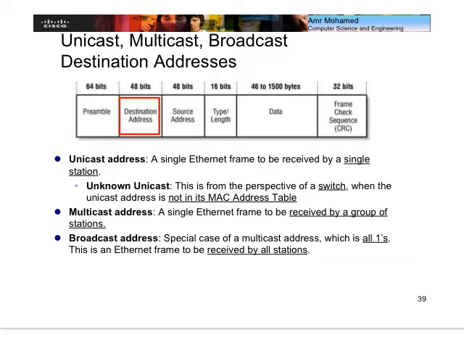So unicast and multicast, these are from the perspective of a switch. A switch processes the frame in the digital domain, extracts the destination address, reads that destination address, and based on that, it sends the signal on a specific port, on one single port. And we'll see how this is done in detail today.